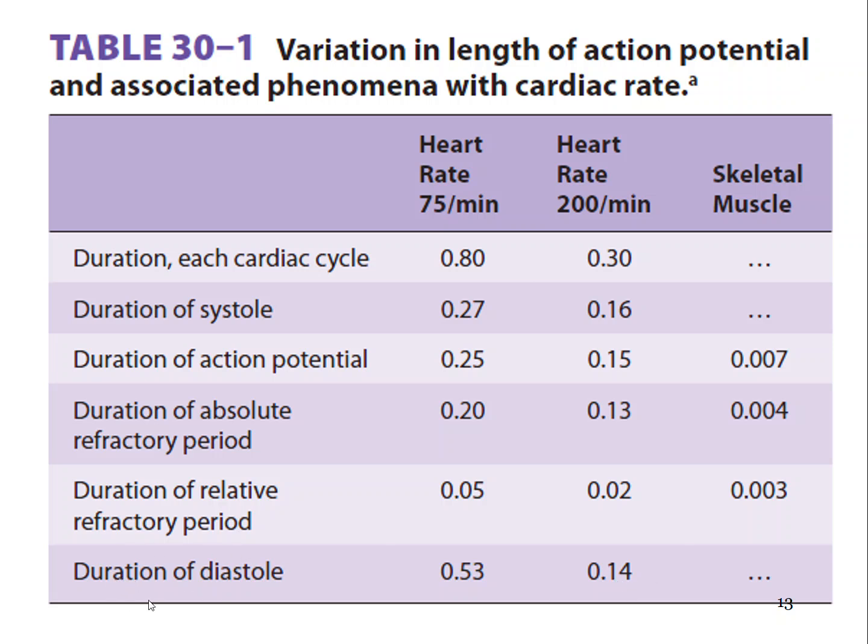Because the duration of the diastole is very, very short. So remember that with increasing heart rate, the duration of each cardiac cycle will decrease, which is obvious, but the decrease in the diastolic time is much greater than the decrease in the duration of the systole.